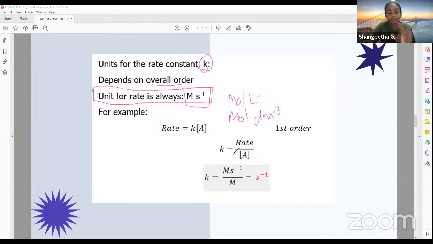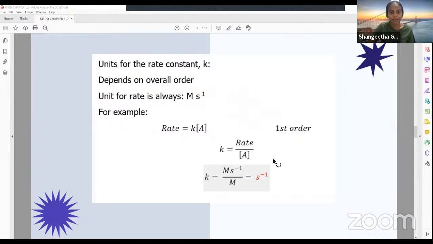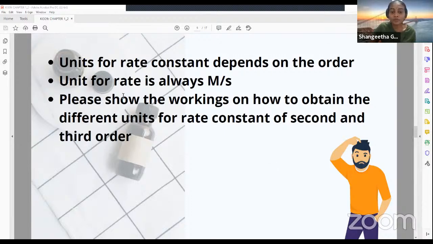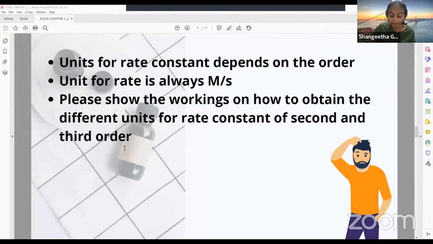Okay, so here is the example of how you can derive the unit for your rate constant. This is the first order reaction, remember I showed you. Can I give you a few minutes to show the workings on how to obtain the different units for the rate constant of second and third order?